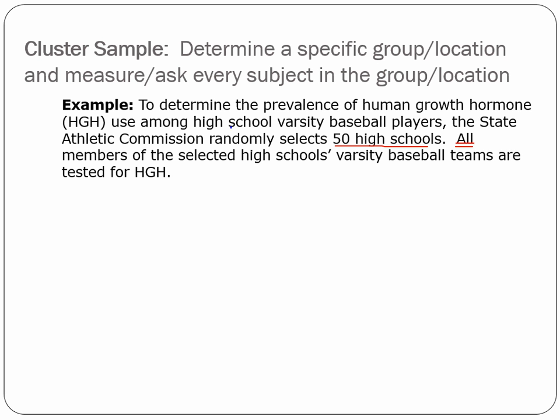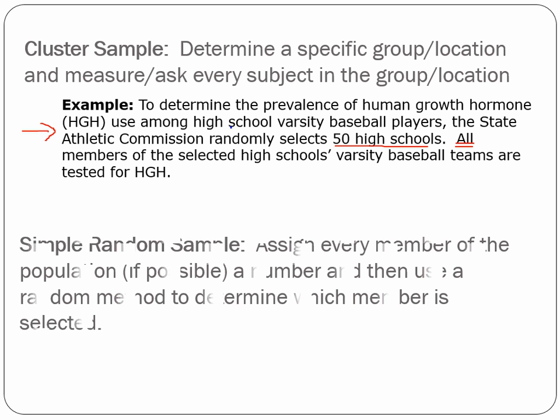So there's a disadvantage to cluster, but also an advantage here. Think about this example right here. If they randomly selected from every baseball player in the entire state, that'd be really, really difficult to collect data. So it's a little bit easier to collect data doing the cluster sampling method.